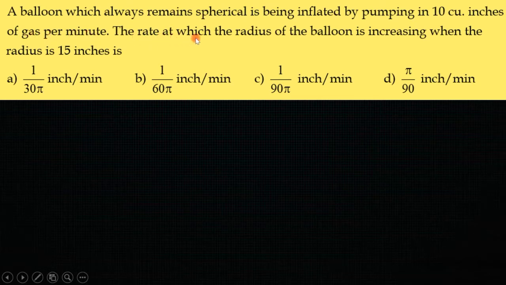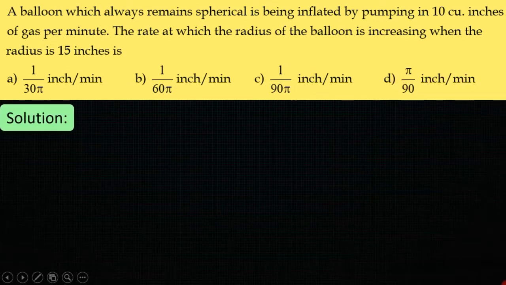The rate at which the radius of the balloon is increasing when the radius is 15 inches is, options are 1 by 30 pi inches per minute, 1 by 60 pi inches per minute, 1 by 90 pi inches per minute, pi by 90 inches per minute.